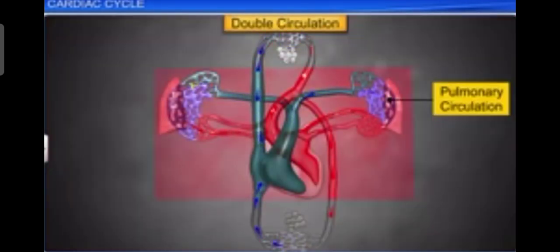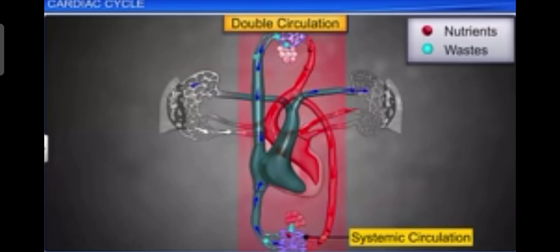Pulmonary circulation oxygenates blood in the lungs and returns it to the heart. The systemic circulation provides nutrients, oxygen and other essential substances to the tissues and takes CO2 and other harmful substances away for elimination.